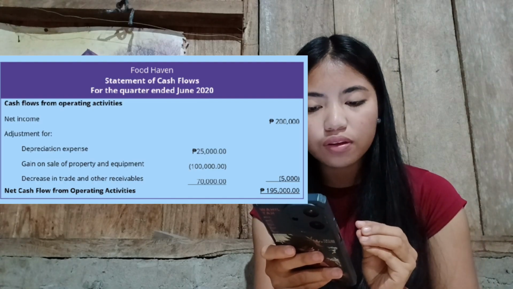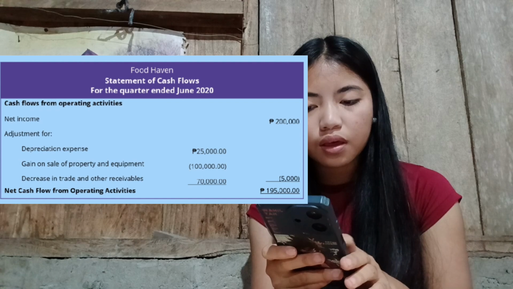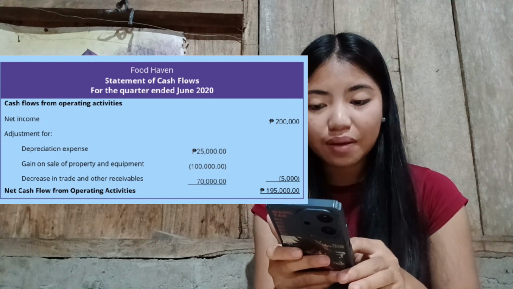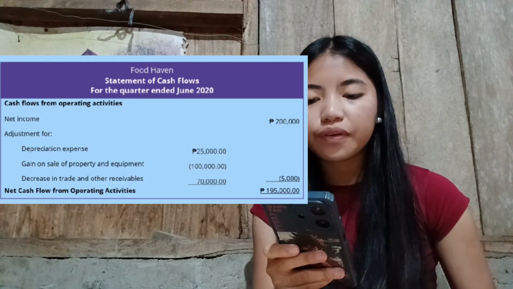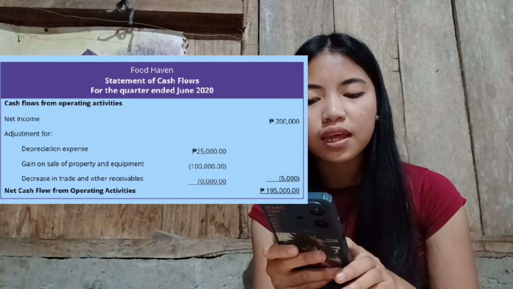So, to solve that table, mag-start ta sa net income. So, the first step is to write the net income, 200,000 pesos.